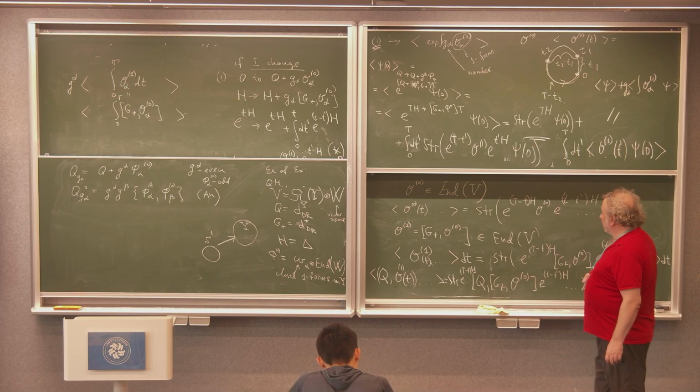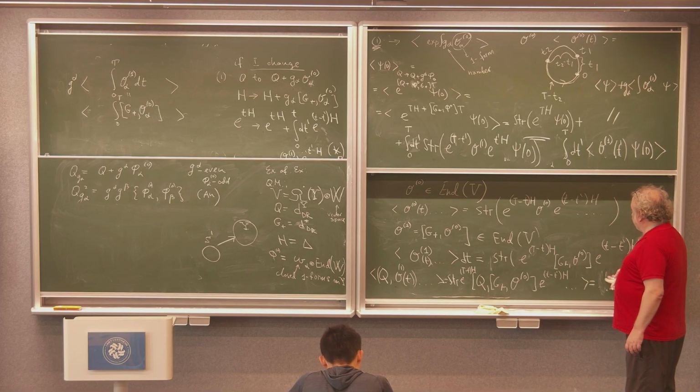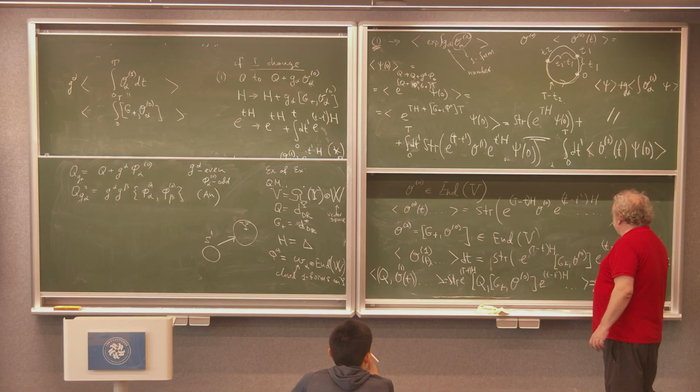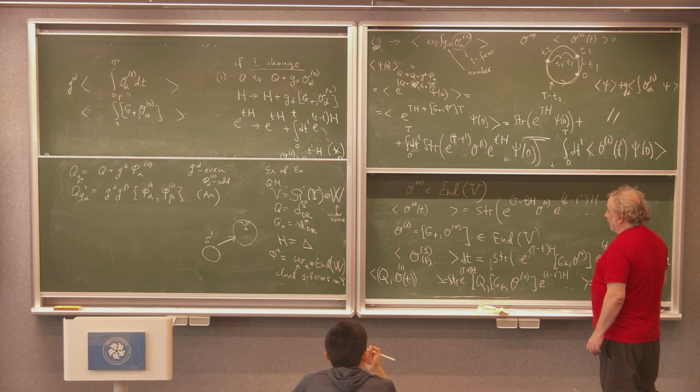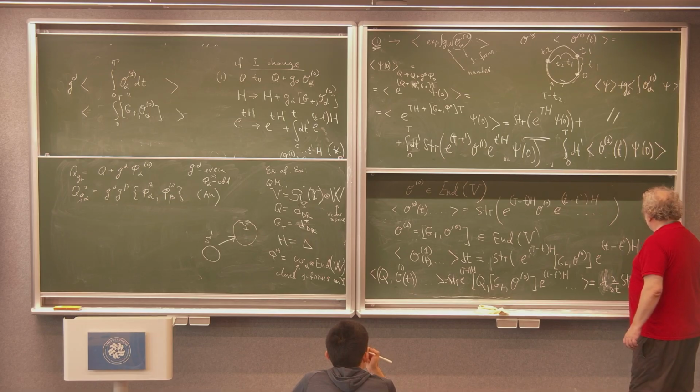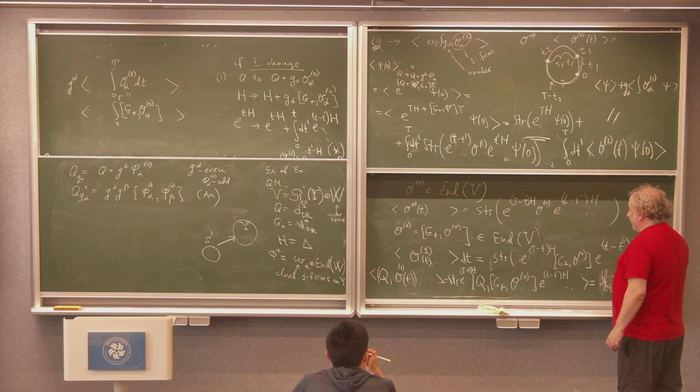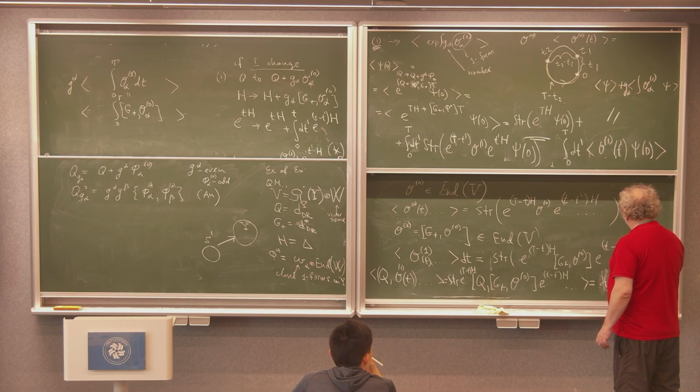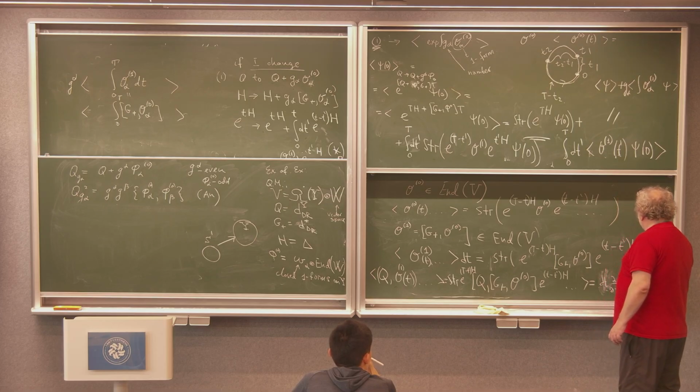Now I commute here and I get that it is exactly d over G of what? Of Losev race of 0. And here I have e to the capital T minus t H, and here I have e to the t minus something. So this is d in t.